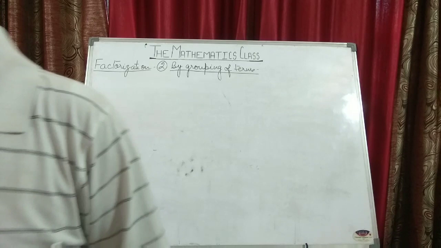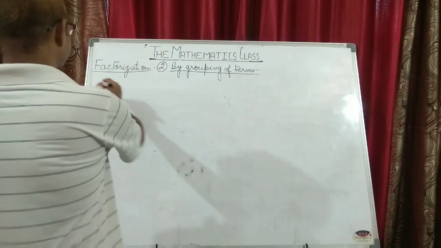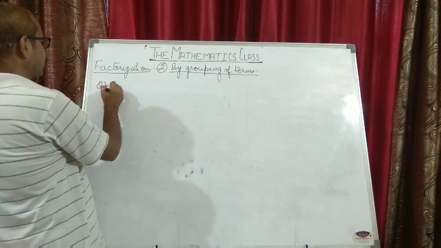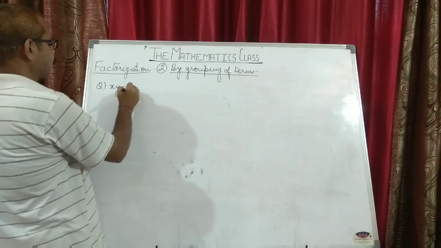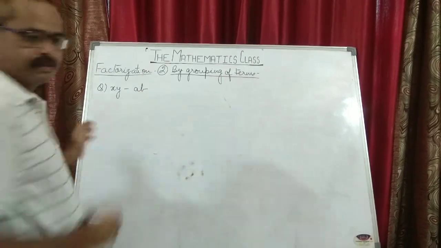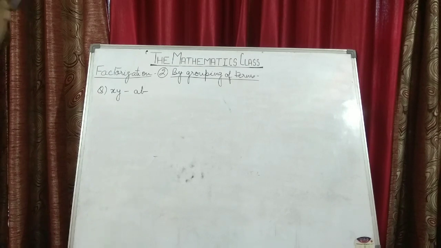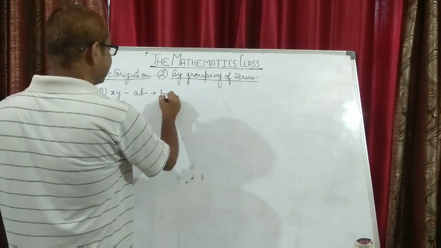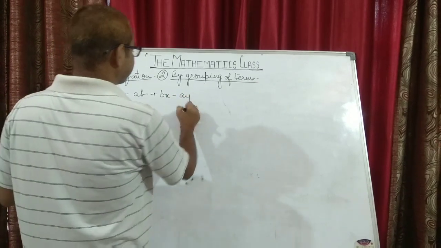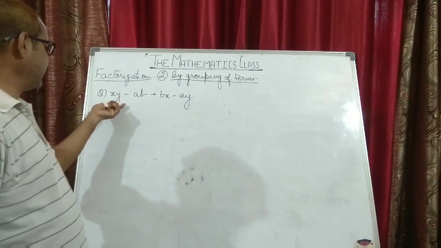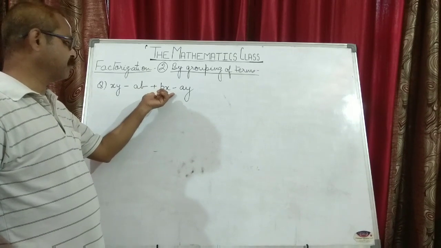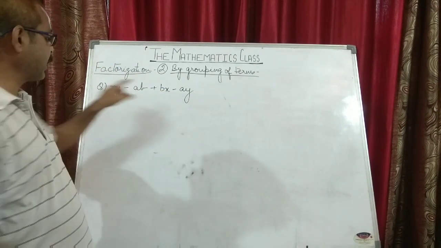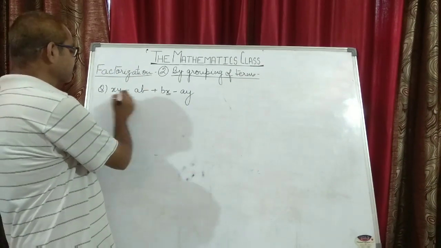Let us take a question: xy - ab + bx - ay. Now you can see xy and bx have a common factor x.